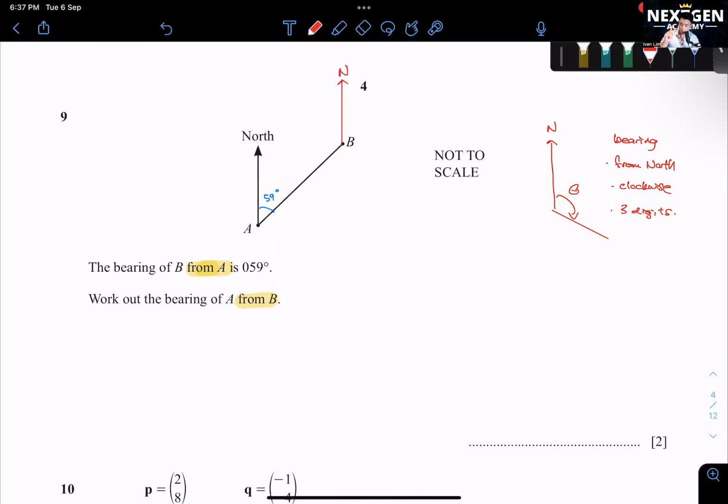Another thing for bearing, I think I'll go through a little bit later also, to answer Sherry's question yesterday. You always need to remember this. When we do bearing, often we'll use the interior angle formula. Do you all remember what interior angle is? If I have two parallel lines, because your north and your north will be parallel, right?